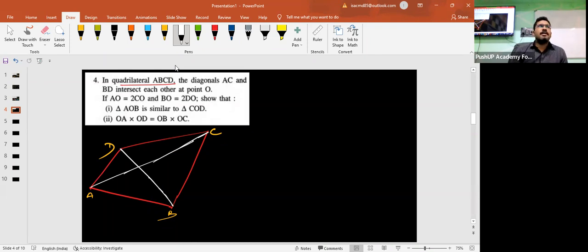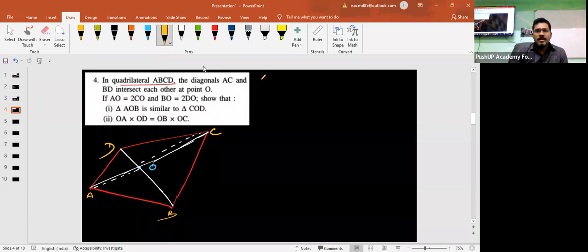They are intersecting at point O. Now, AO is equal to 2CO. Where is AO? This one. And CO is this one. They have given you a correlation between AO and CO.